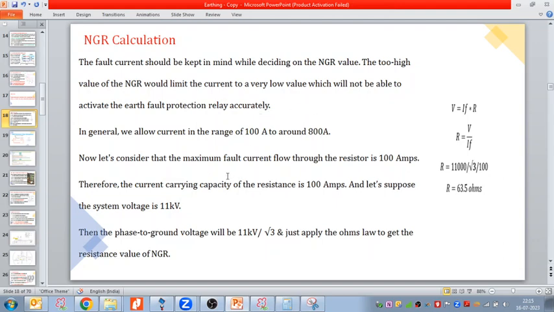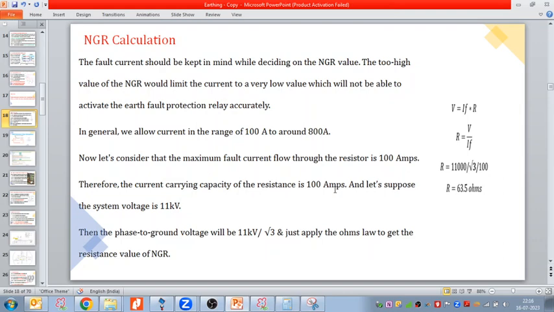In general, we allow current in the range of 100 to 800 ampere to flow through the neutral of the transformer, and that we will sense. So let us consider that the maximum fault current allowed to flow through the resistance is 100 ampere. Therefore, the current carrying capacity of the resistance is 100 ampere.